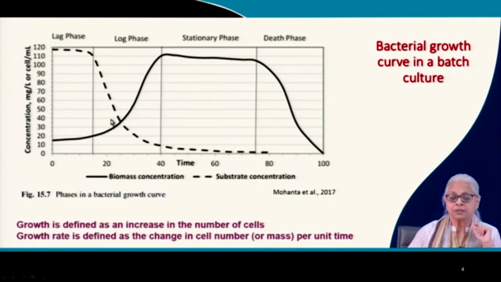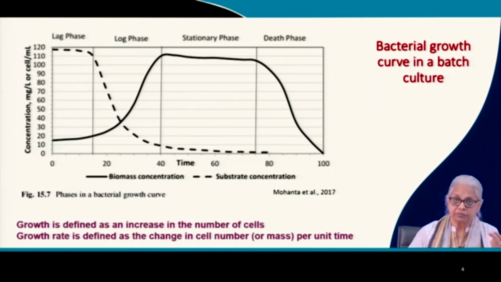Look at the substrate concentration. The substrate concentration is the reverse of the biomass concentration. In the lag phase, there is no change, which means there is no significant utilization of the substrate in the lag phase.